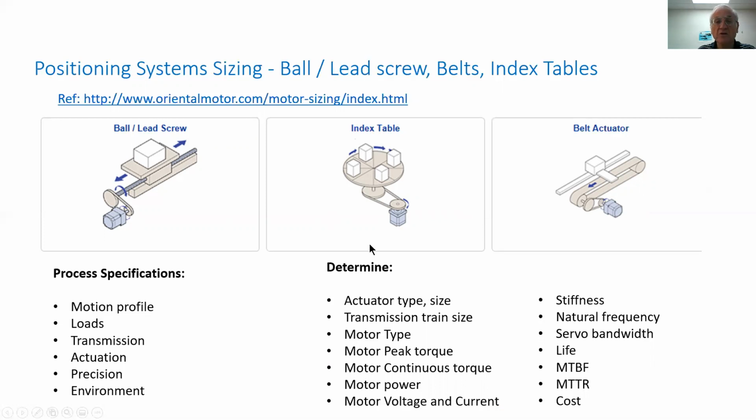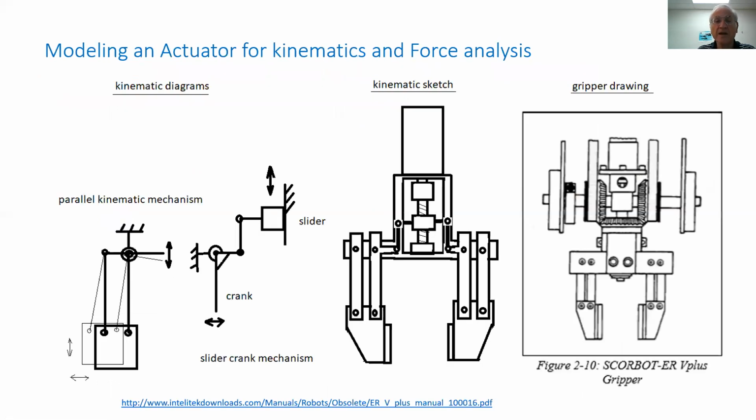And when we do calculations as design engineers, we need to size the actuator, select its type, decide on the transmission, the motor type, the motor peak force, continuous force, power and voltage. And then in addition, we are often concerned about the stiffness, natural frequency, bandwidth, life, mean time between failure, mean time to repair, and cost, which we'll talk about later when we discuss modeling and analysis.